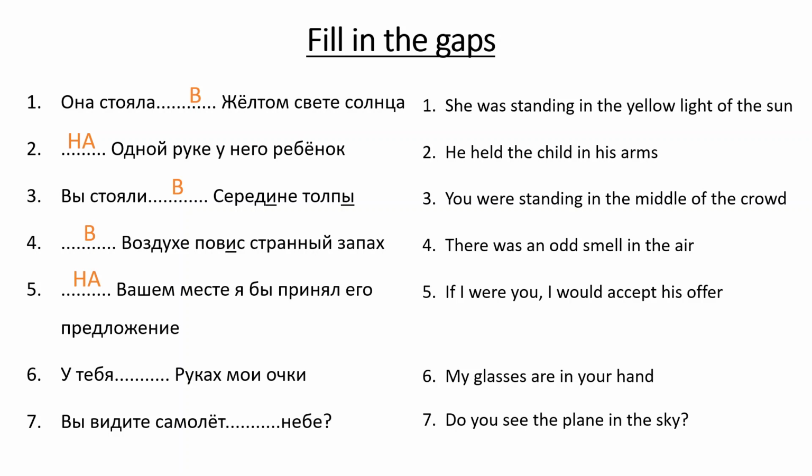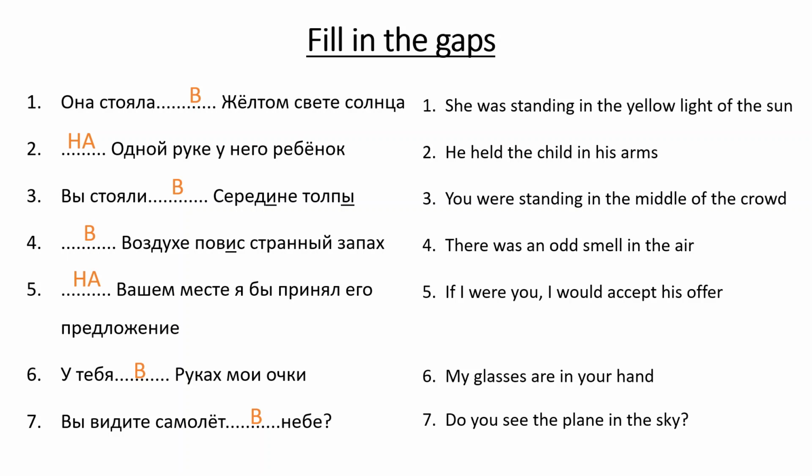Очки is glasses, our glasses, and if it's in the hands, then it's в. У тебя в руках мои очки. Then lastly we have вы видите самолет blank небе. So this is going to be в because it's suspended in the air. Вы видите самолет в небе.